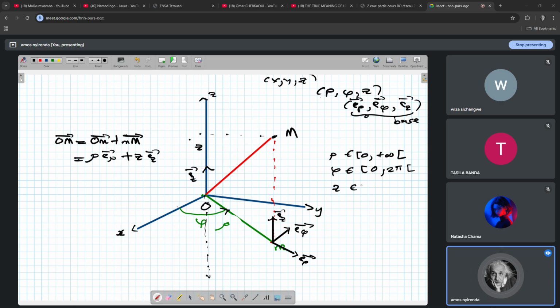So we are moving from minus infinity to positive infinity. So this is the interval for z. Rho can be any number between 0 and positive infinity. Phi can be any angle between 0 and 2 pi. Then z can be any number from minus infinity to positive infinity, because we have the positive z-axis and the negative z-axis.